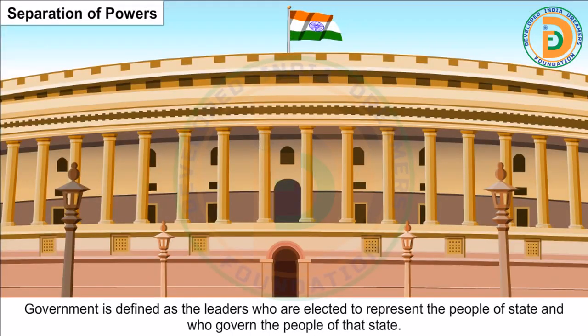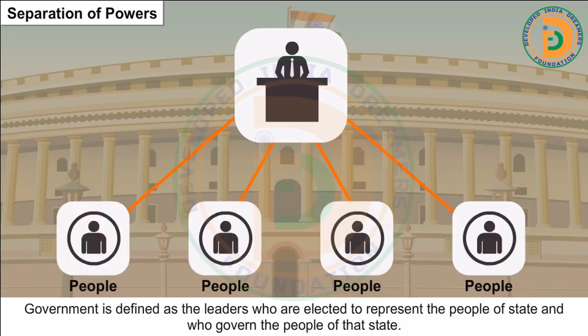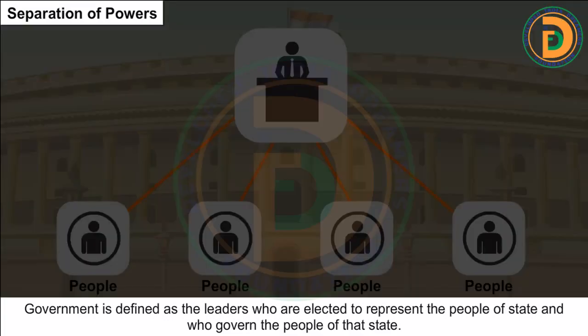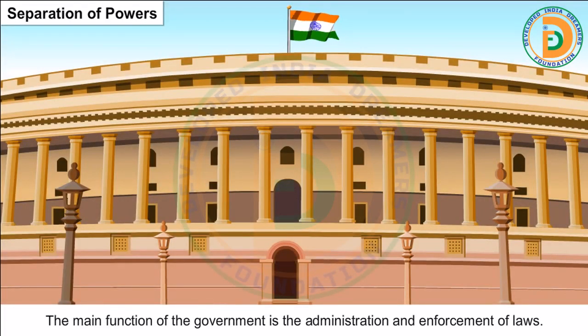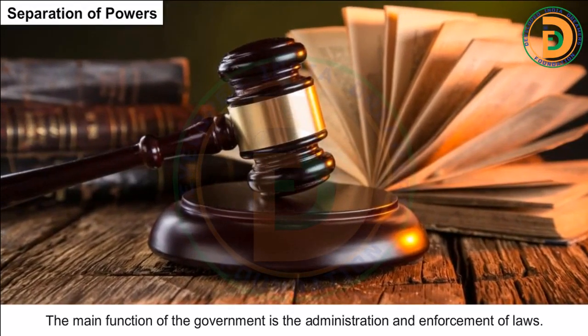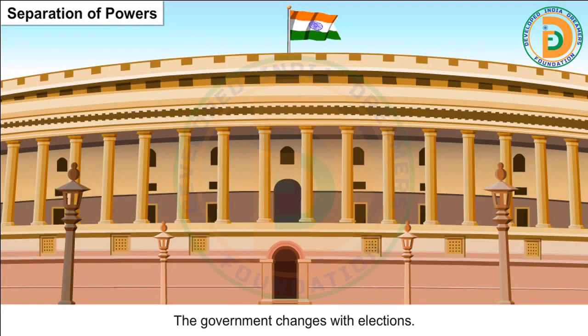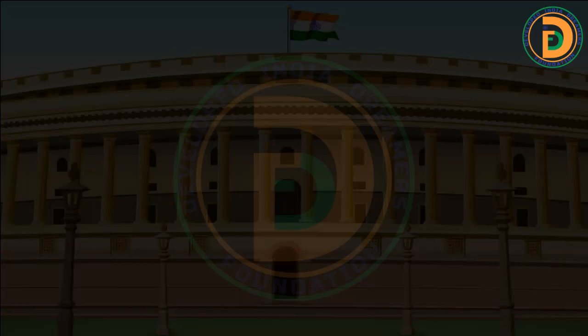Government is defined as the leaders who are elected to represent the people of the state and who govern the people of the state. The main function of the government is the administration and enforcement of laws. The government changes with elections.